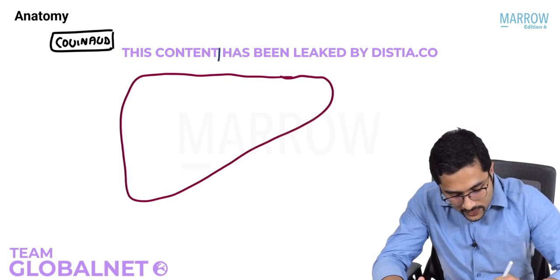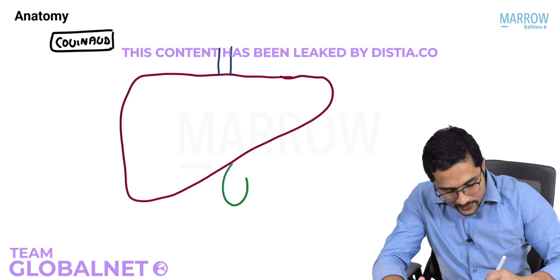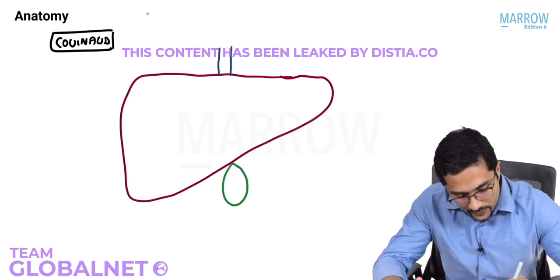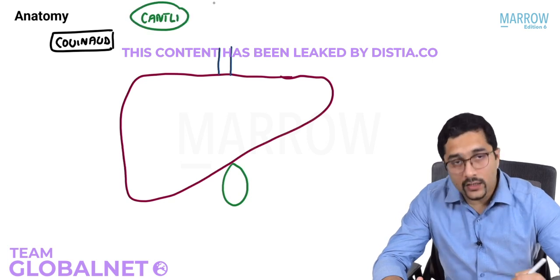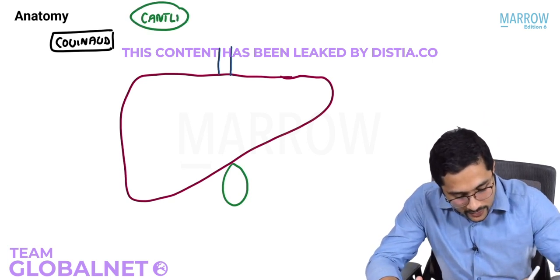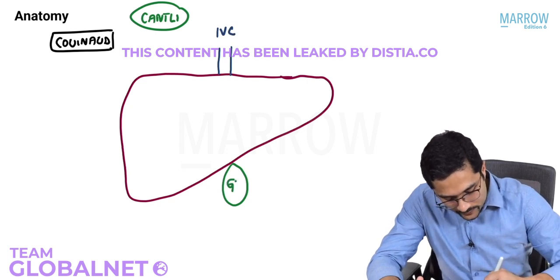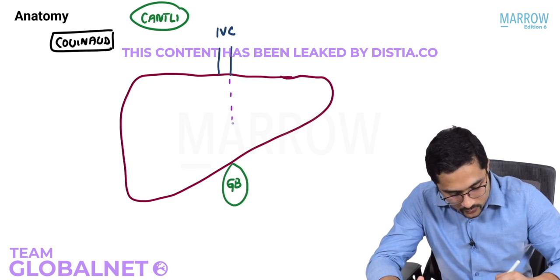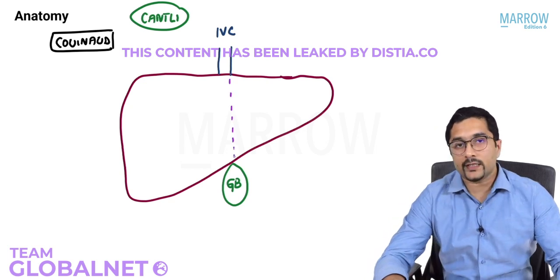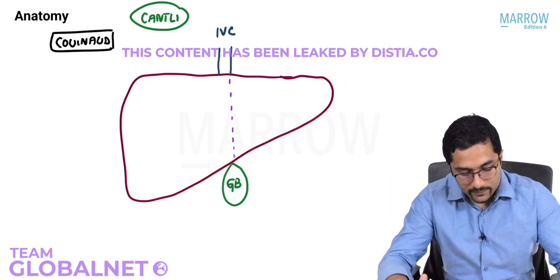Now, Cantlie's line is the line joining the IVC groove to the medial edge of the gallbladder fossa, right? So, this is Cantlie's line, an imaginary line which connects the IVC groove to the gallbladder fossa. This is known as Cantlie's line, and it divides the liver into left and right hemiliver.